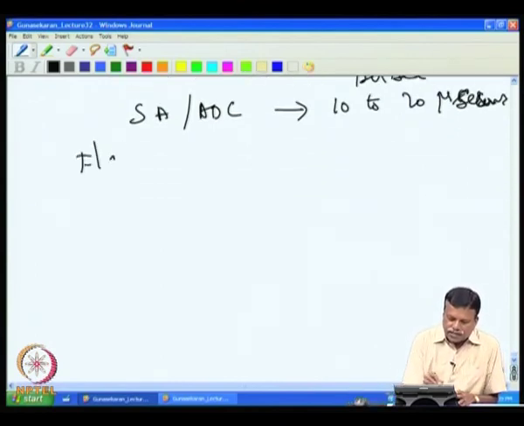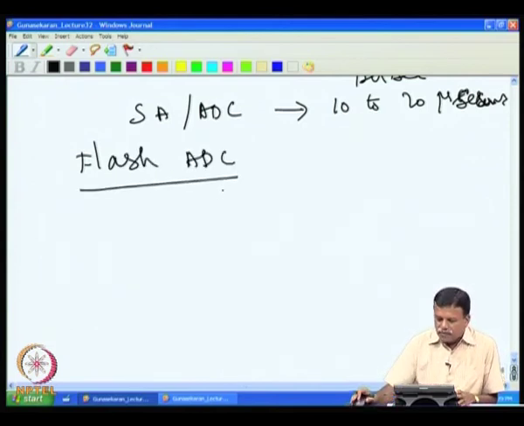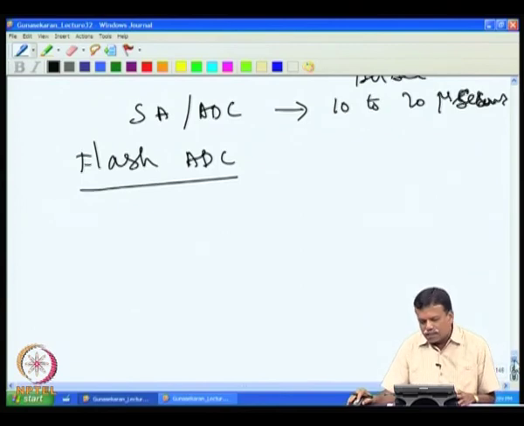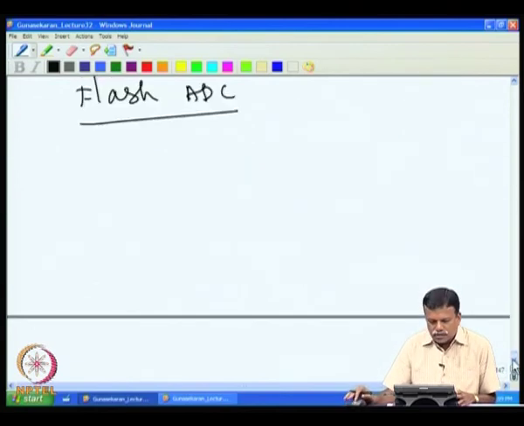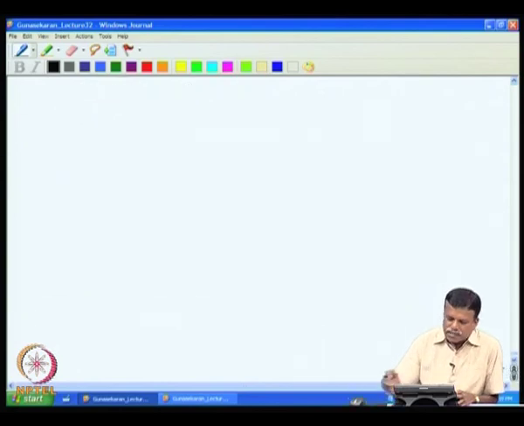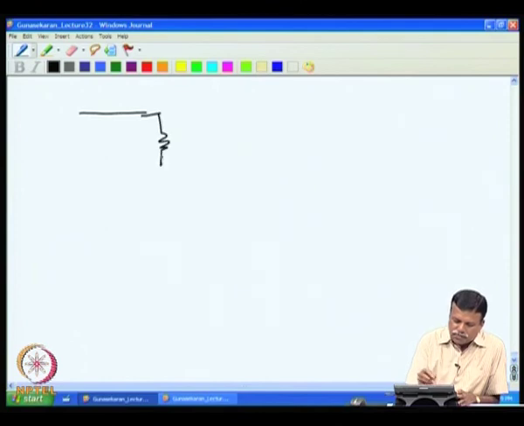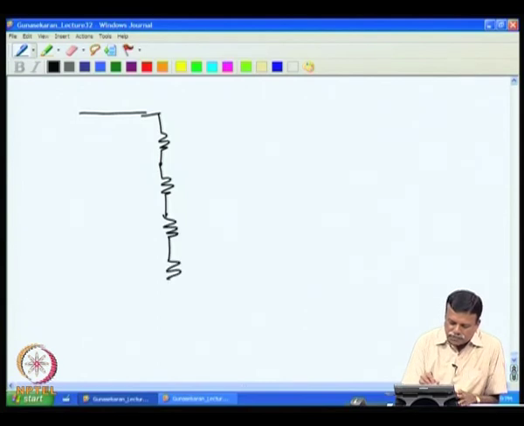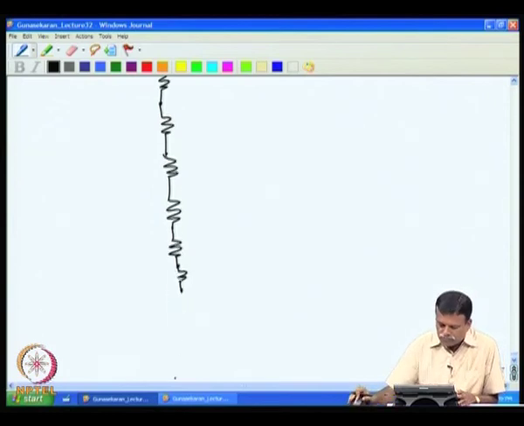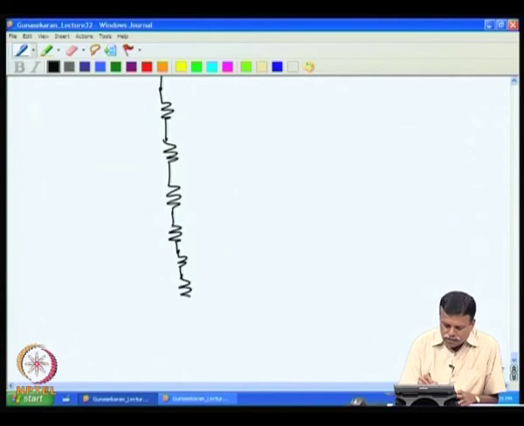In flash ADC, what is done is we will have the input voltage connected through a series network of resistors. So, what is normally done is we have, for example, a 4-bit converter. So, we have 8 resistors connected, 1, 2, 3, 4, 5, 6, 7, 8.